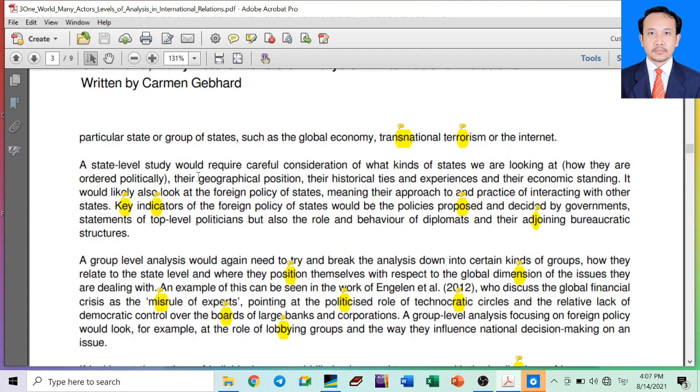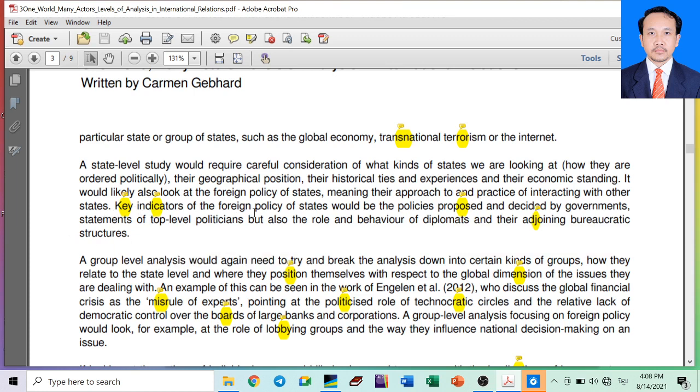A state level study would require careful consideration of what kinds of states we are looking at, how they are ordered politically, their geographical position, their historical ties and experiences, their economic standing. It would likely also look at the foreign policies of states, meaning their approach to and practice of interacting with other states.